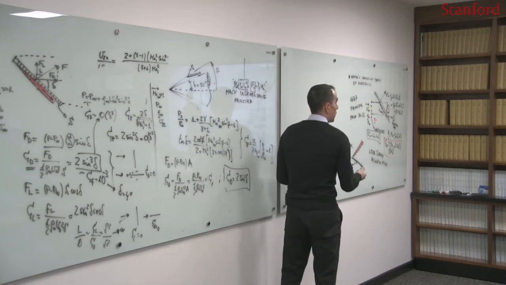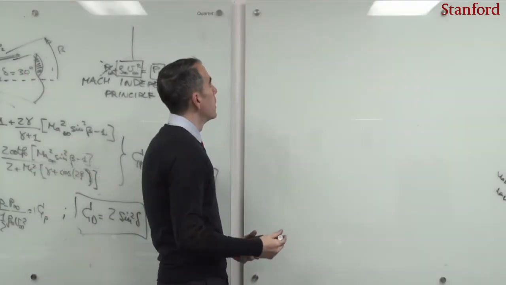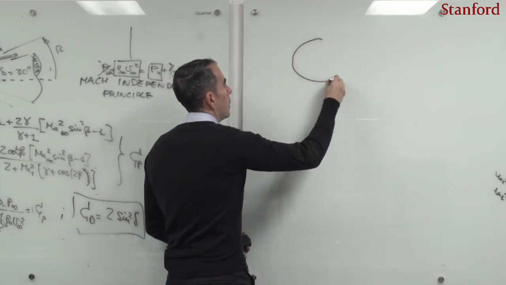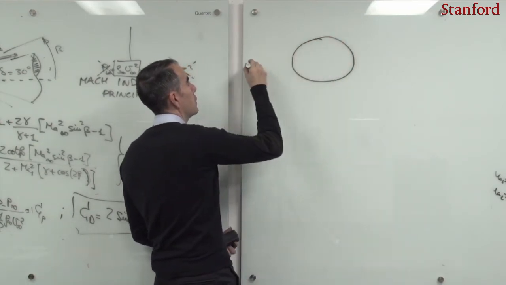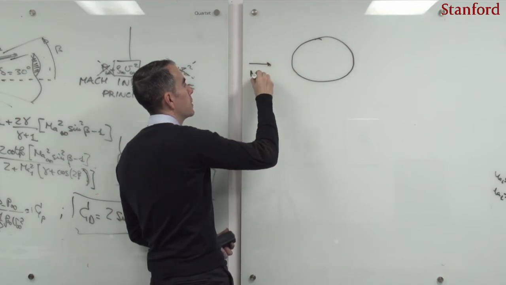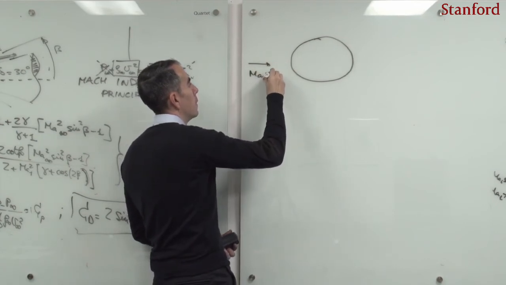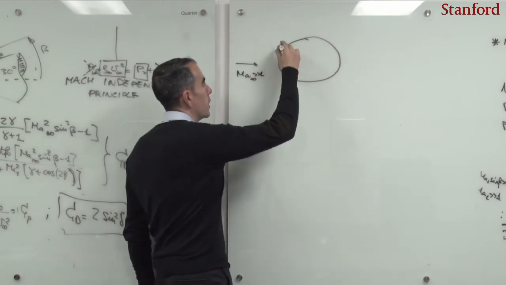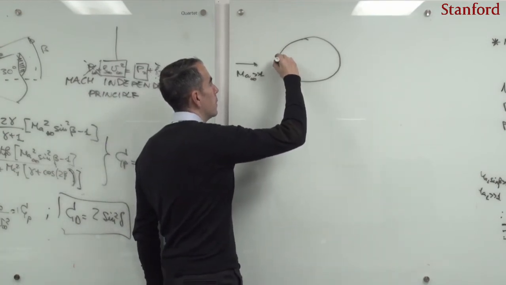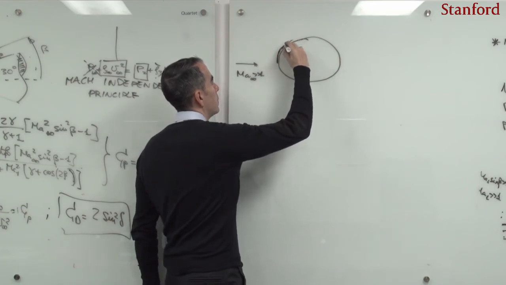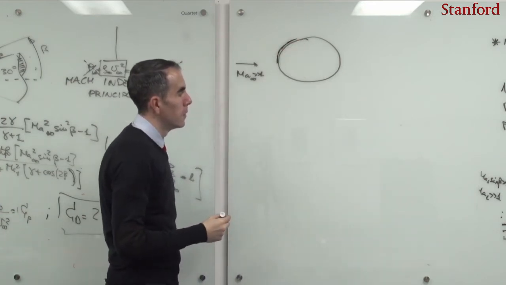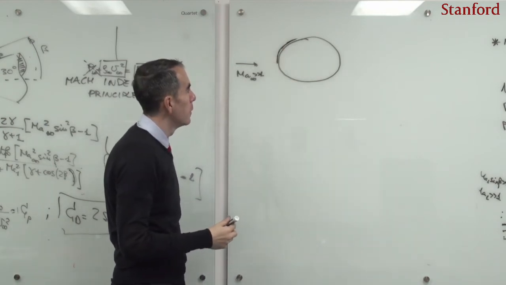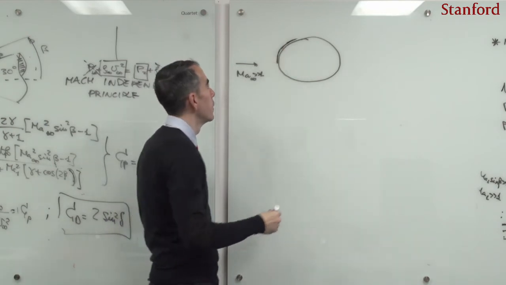So imagine for a second that we have a sphere. This sphere is in a flow at high Mach numbers. So this sphere is going to generate a shock wave, which in the Newtonian approximation is going to be actually very close to the surface.